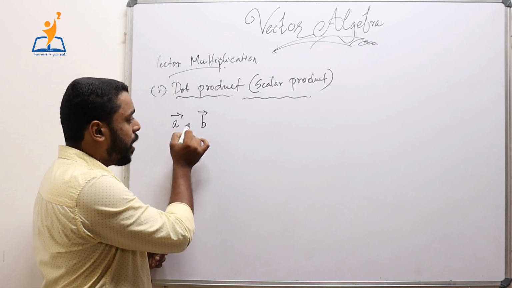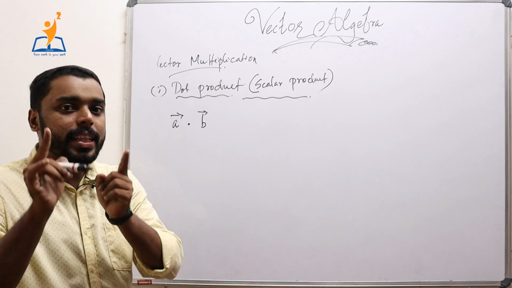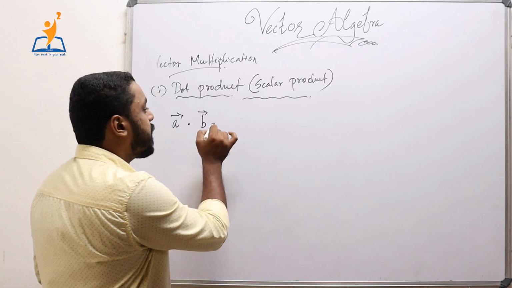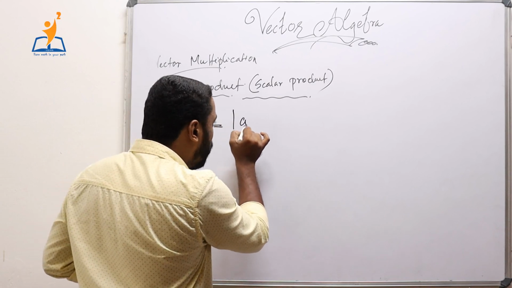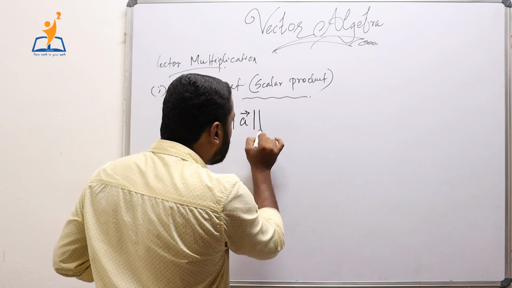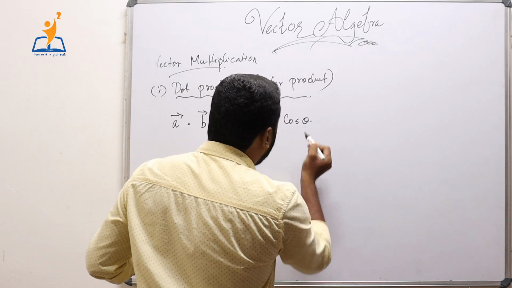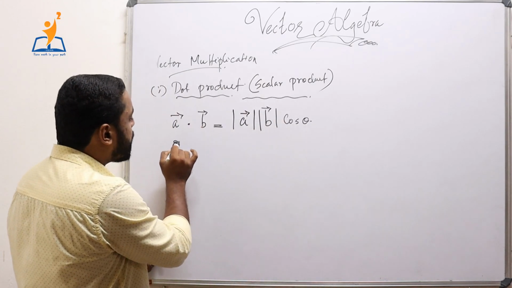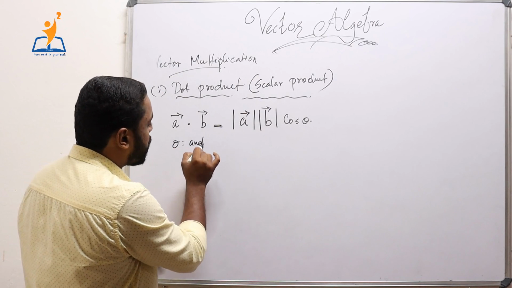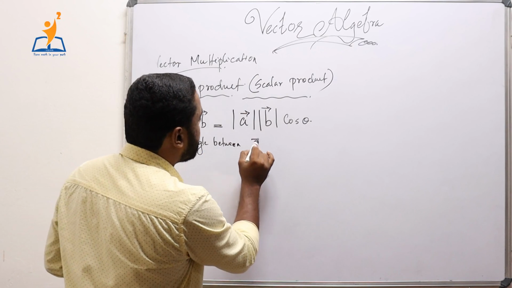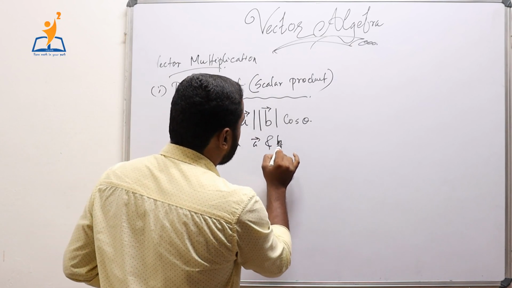See, here we marked a dot, that's why we say this is the dot product, and it is defined as modulus of vector a into modulus of vector b into cos theta, where theta is the angle between vector a and vector b.